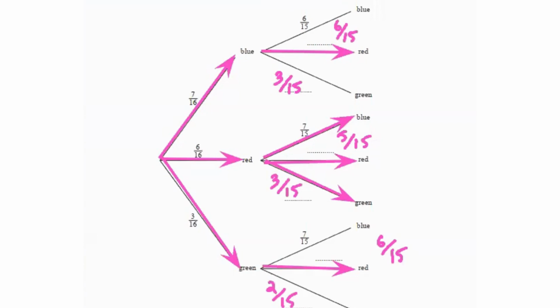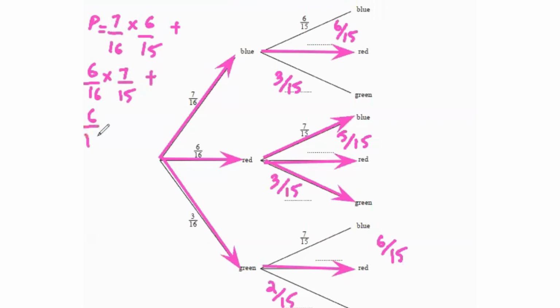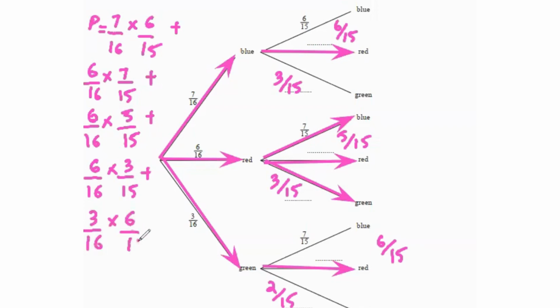So your probability will be 7/16 times 6/15 plus, next possibility is going to be 6/16 times 7/15, then plus 6/16 times 5/15, then again plus 6/16 times 3/15, and then again plus 3/16 times 6/15.